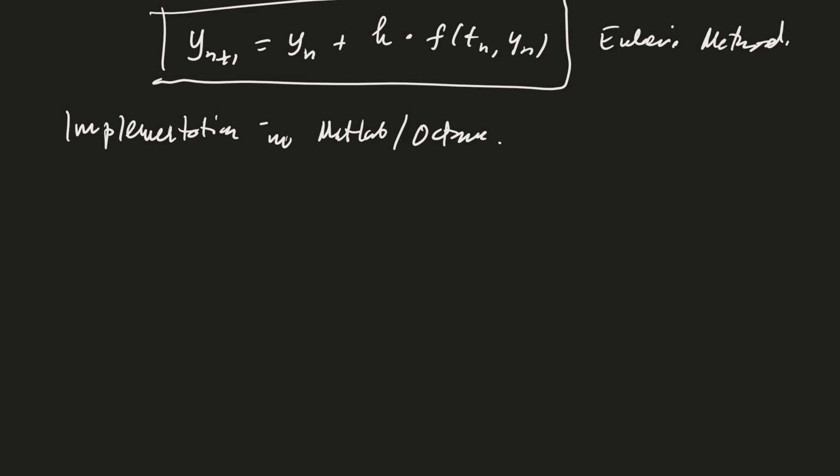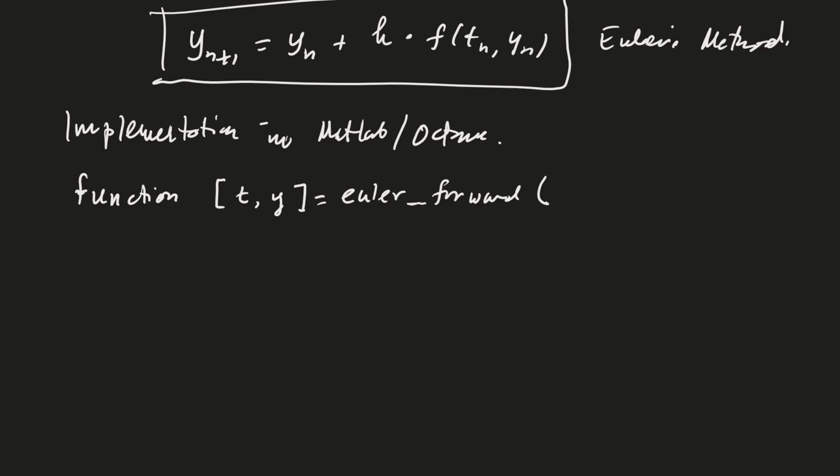So in this case, I'm going to write a function, and so we'll see how to use this function. So in MATLAB or Octave, the very first line of your function needs to say function, and then we'll use square brackets for our output, and our algorithm output will be a vector t and a vector y, and then we'll call this Euler underscore forward. By the way, no white space in the name, please.